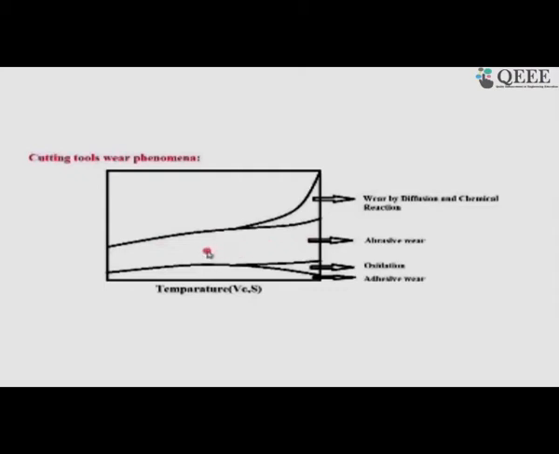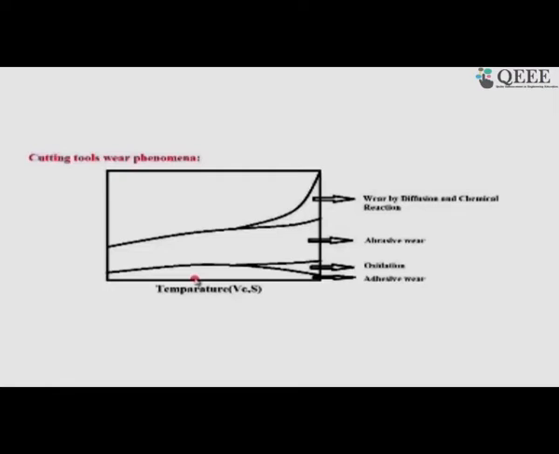It is because of the hard material which is rubbing, and adhesive wear means material gets attached like weldment formation, and then the bond is broken because of the pull or the drag, and in the process if this bond is strong, it may so happen that a part of the tool may get torn and it will be carried away by the chip.